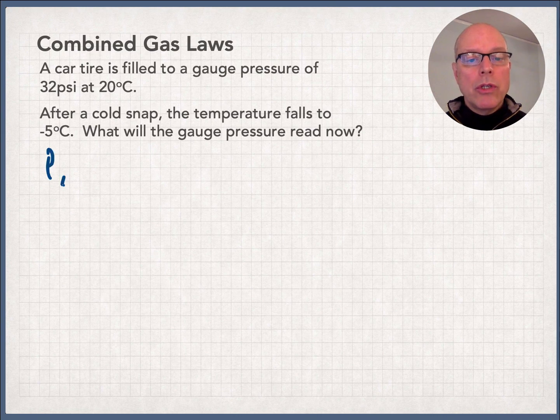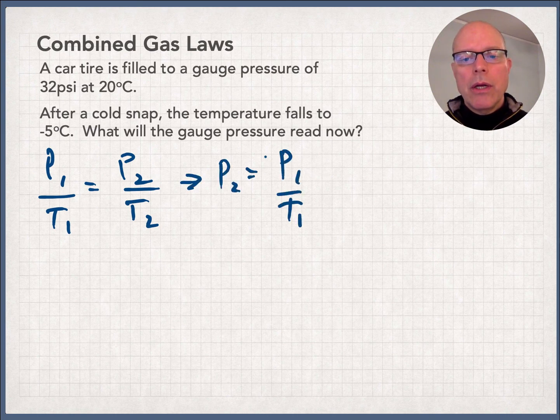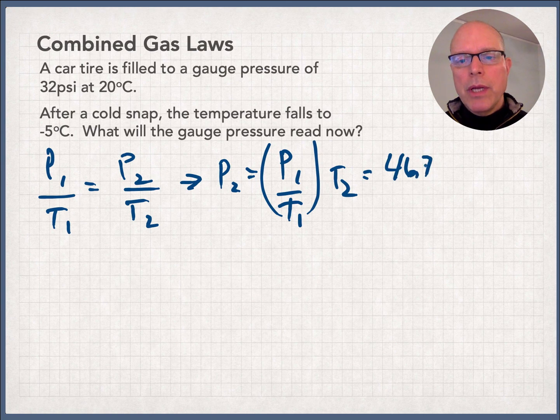So what I'm going to do is actually only write down the part of the gas law that I see operating. And if you cared, this was a thing called Gay-Lussac's law. What I'm going to do is solve this thing for the second pressure. So P1 over T1 all times T2. And what that looks like is 46.7 psi, which was our original pressure.